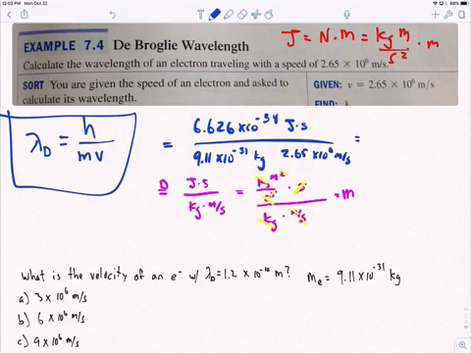Right before class started, I put this into the calculator. This is 2.74 times 10 to the minus 10 meters.